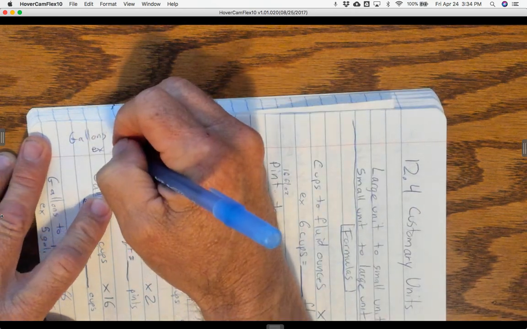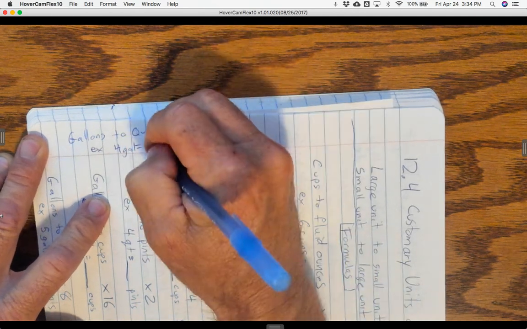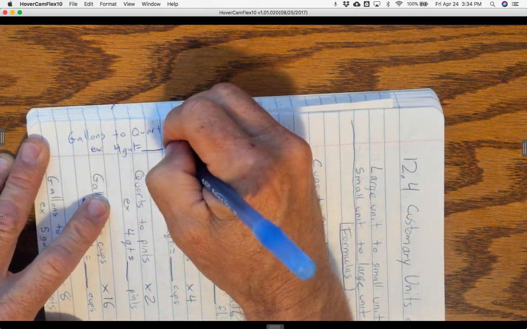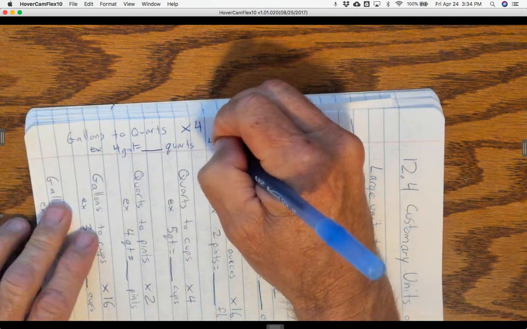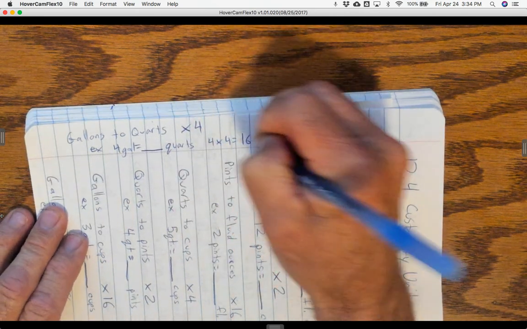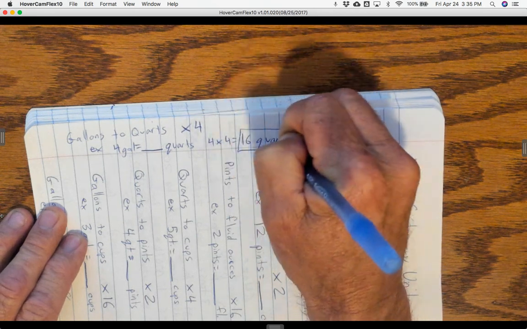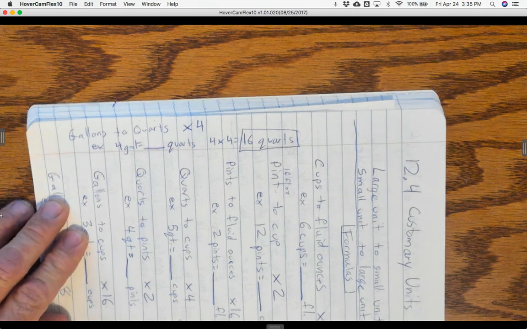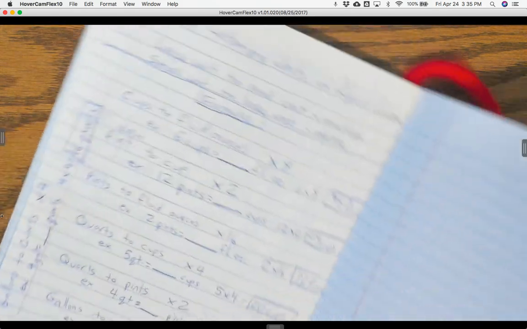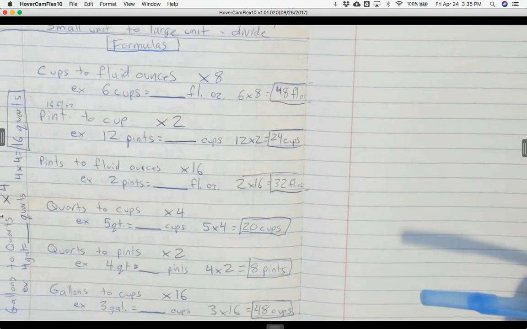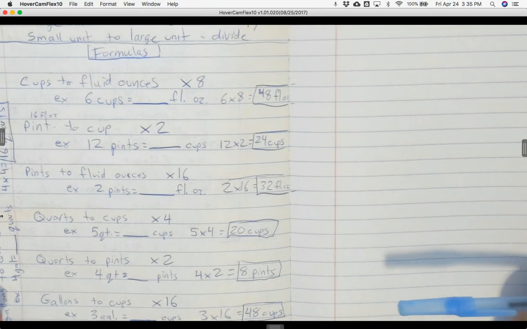Example, if we had 4 gallons and we want to convert that to quarts, 4 times 4 equals 16 quarts. So that takes care of our formulas, our conversions. This is definitely going to come in handy with the work in the book and on Think Central today.